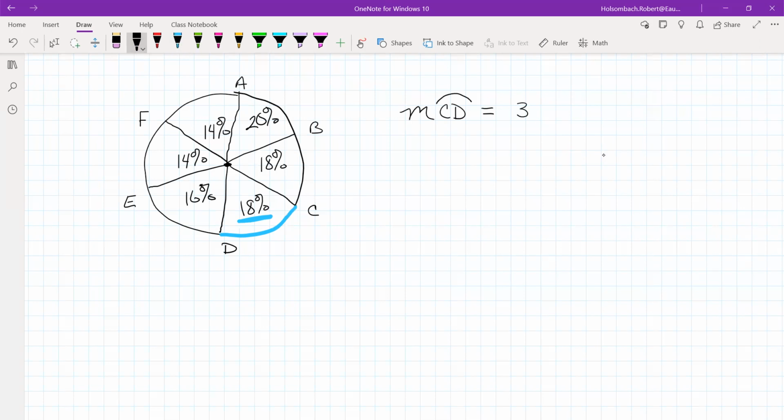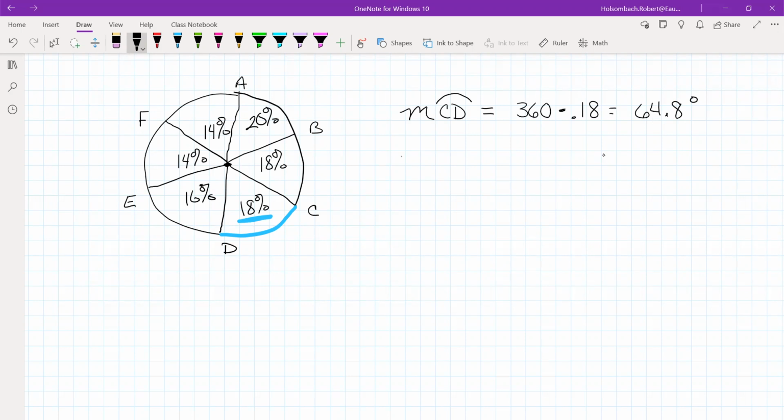So we take 360 times 0.18. And we get 64.8 degrees. All right, that's how we're taking a percentage of the circle and transferring it to a degree measure for an arc.